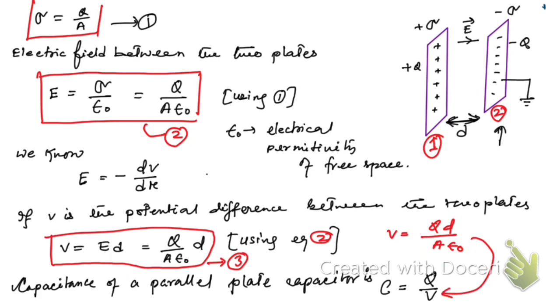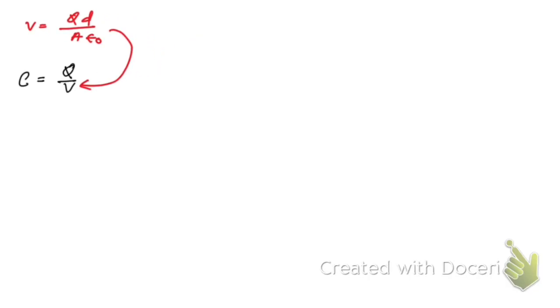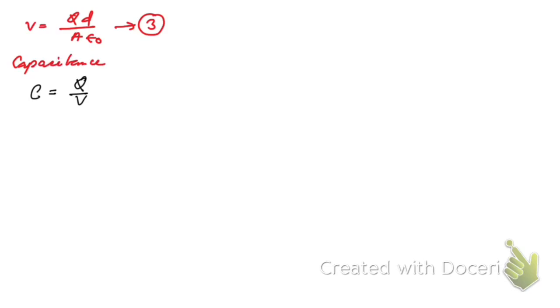Let me take a new slide and copy the last two expressions. So this is what we have got, and this was nothing but equation number 3, the capacitance of the parallel plate capacitor.